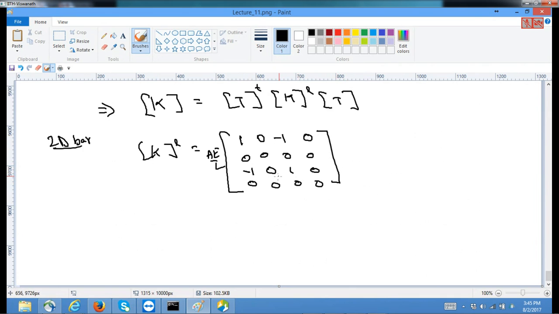This is your K local matrix. When I multiply my K local matrix with the transformation matrix, what I will get is something like this.